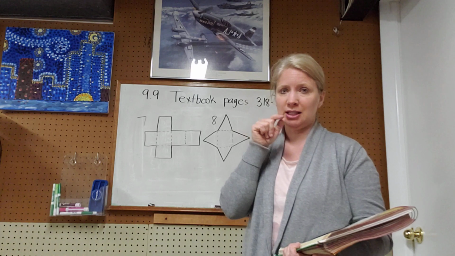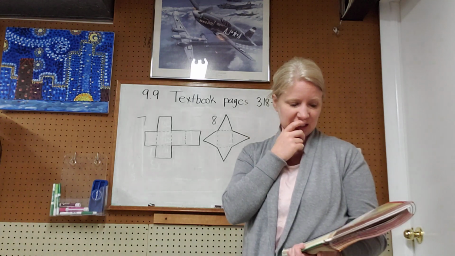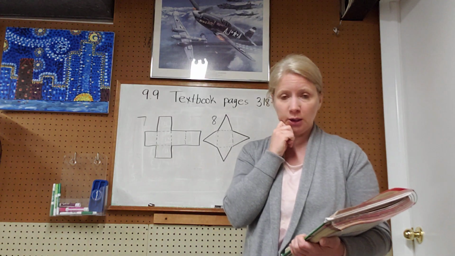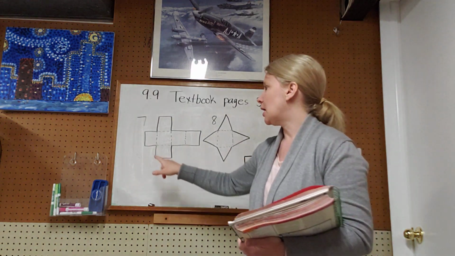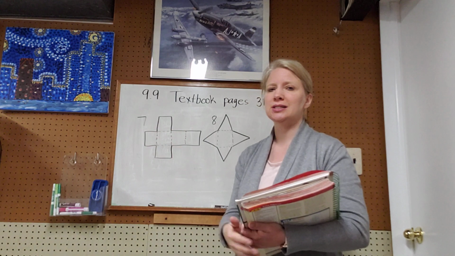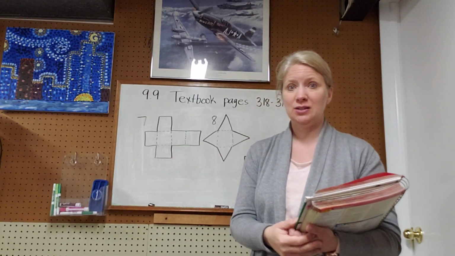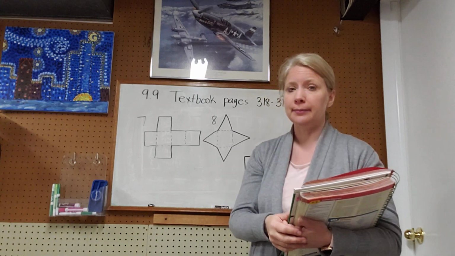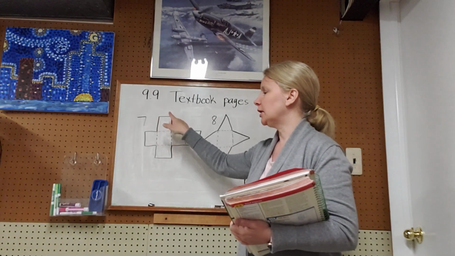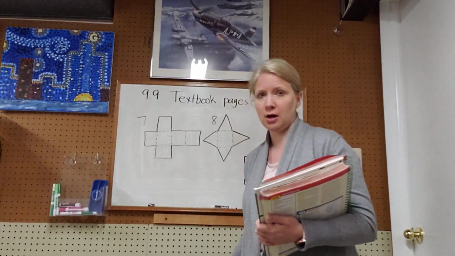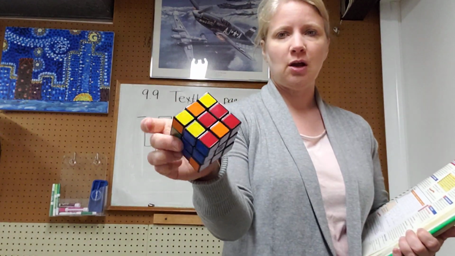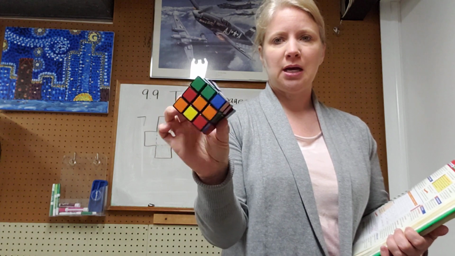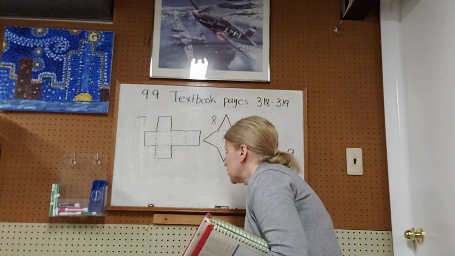So if we look back at the chart that we did earlier, 6 flat surfaces is either a cube or a rectangular prism. Is this rectangular or square? If it's a rectangle shape, it would be a rectangular prism. But since it's square, it's going to be a cube. If we folded it all up on those dotted lines, we would make a cube. So number 7 is cube.